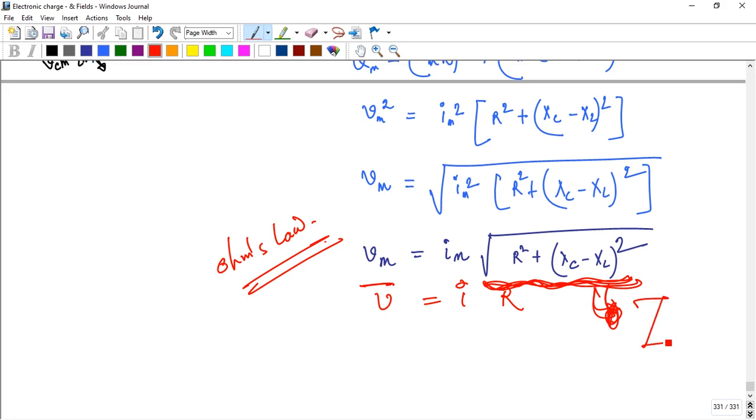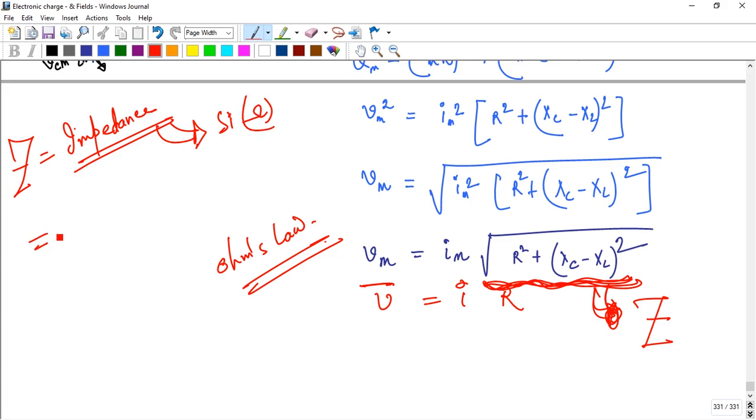This expression is called impedance, and Z is called impedance. It also behaves like a resistor, and the SI unit here is ohm. So Z equals root over of R squared plus (XC minus XL) whole squared, and that's the impedance. This is also frequency dependent, because of the XC and XL terms here.